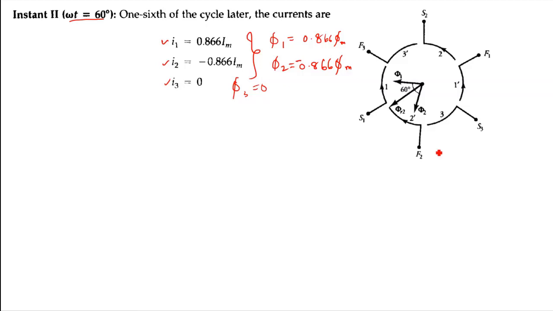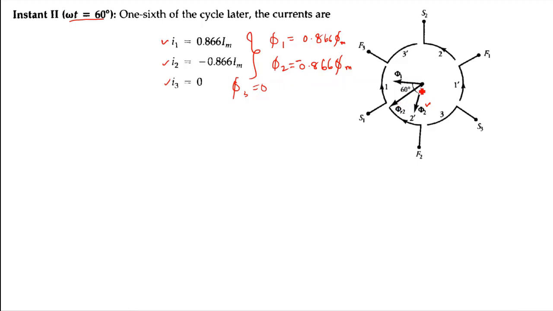It is minus, right? So now your phi 1 will be in the direction from 1 dash to 1. Phi 2 will be in the opposite direction, so I can plot it from 2 to 2 dash. So this will be phi 2, and obviously it will make an angle of 60 degree with phi 1.